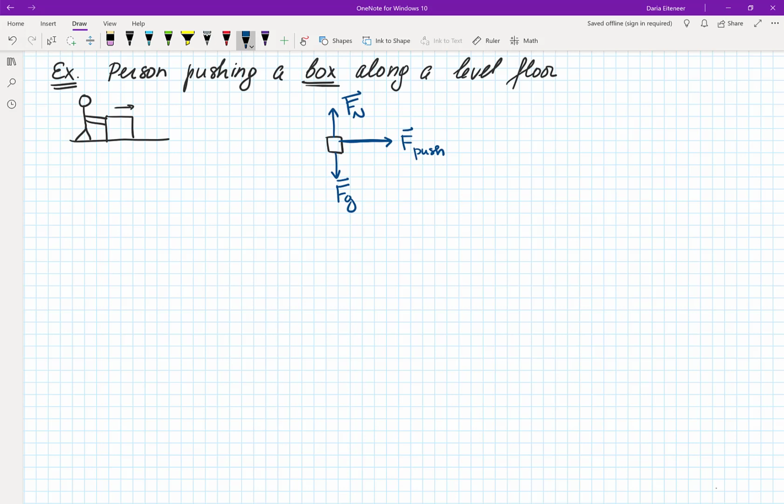Now, I kind of purposely drew this F push longer than the other two vectors. I really have no idea if that's the case. And it really does not matter. So I'm not necessarily scaling the x-axis to the y-axis. So that I have no information about, and it doesn't matter, right? Because I'm not trying to make any calculations.